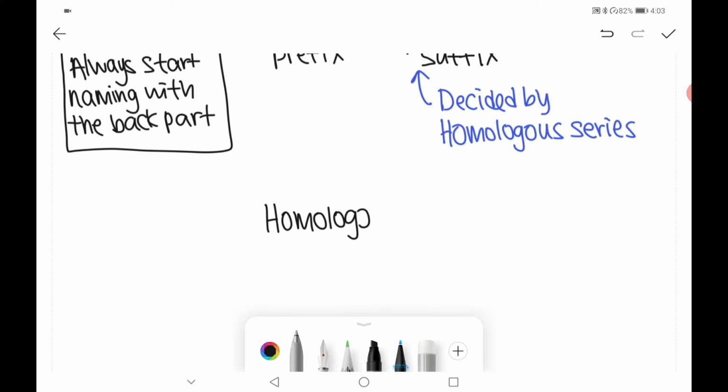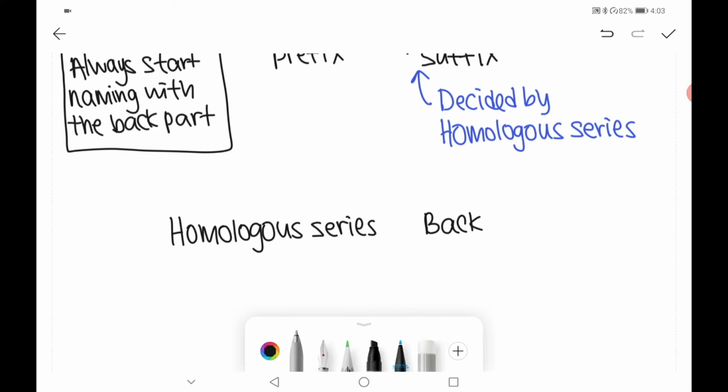By knowing the homologous series, you will know what should be the back part of the name.